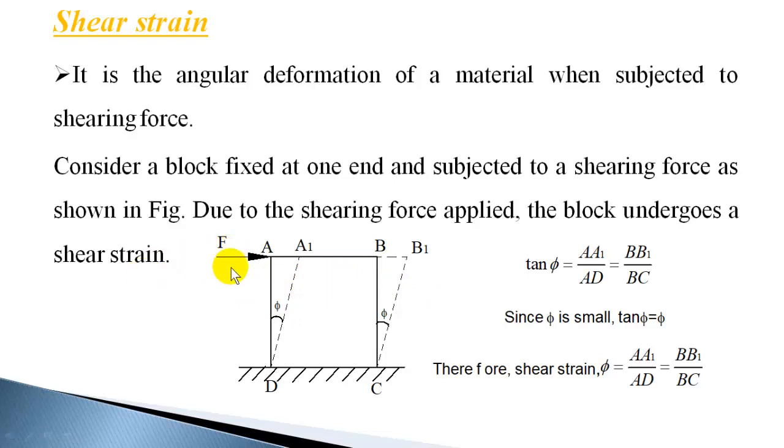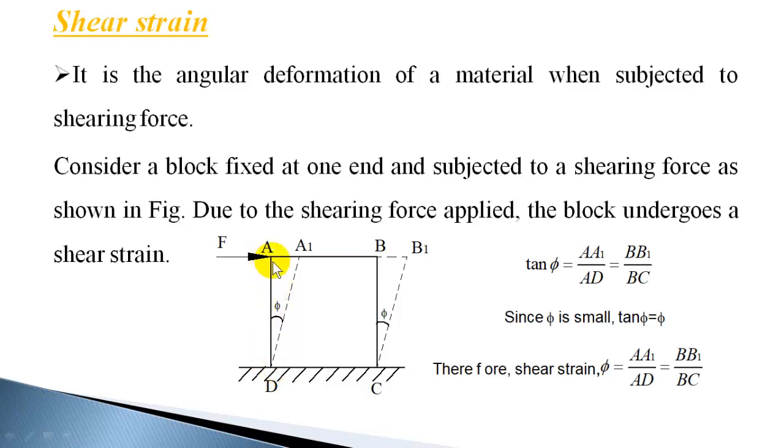If the applied force does not make the material fail, sometimes without much shear deformation it can shear into pieces. But if the material undergoes deformation, it will rotate through an angle. This point A moves to A1, and D, since it is fixed, remains there.